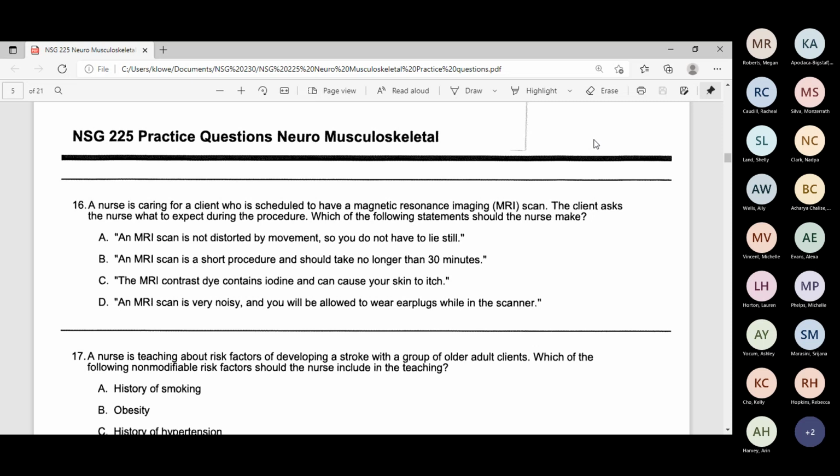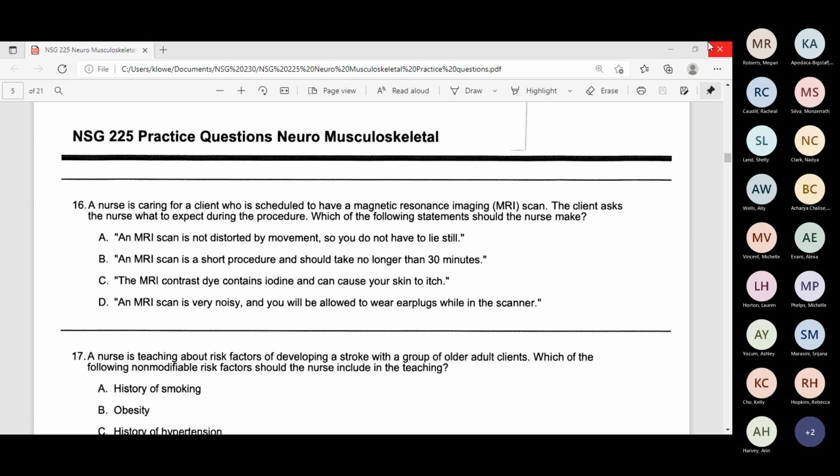The nurse is caring for a client who's scheduled to have an MRI. The client asks the nurse what to expect during the procedure. Which of the following statements should the nurse make? Is it D? It's D. Yeah. MRI is noisy, be allowed to wear earplugs.